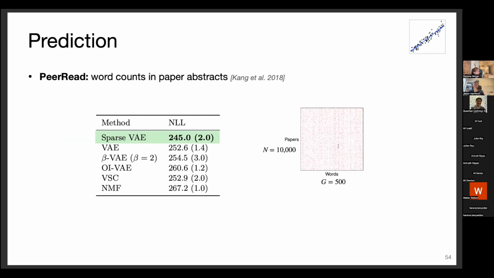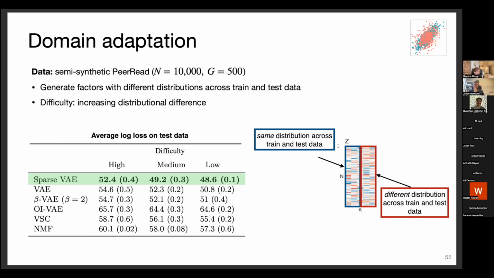We also look at a domain adaptation experiment where half of the factors have the same distribution across the train and the test data, and half of them have a different distribution. The idea here is that if we're able to disentangle the coordinates, then on the test data we should still do a decent job at least recovering those first ones.